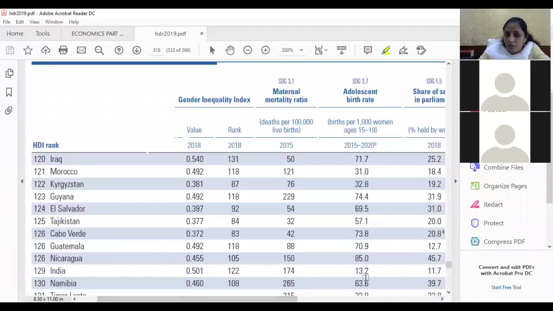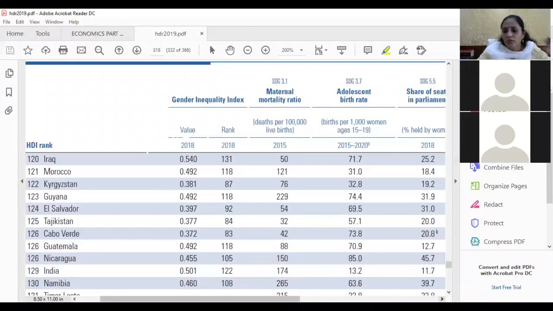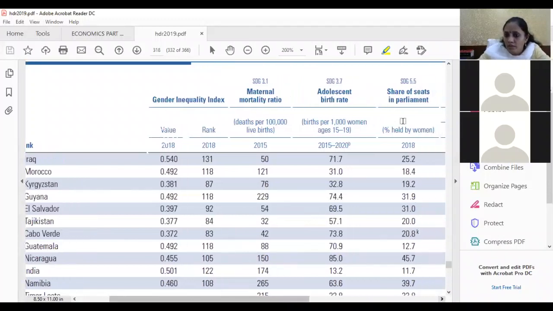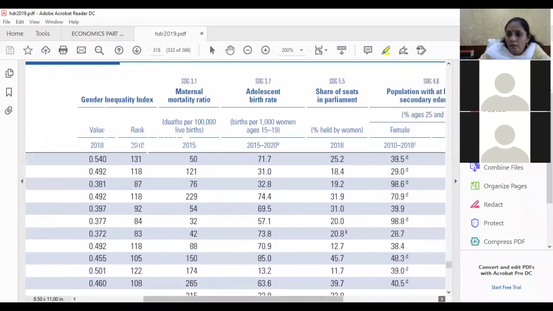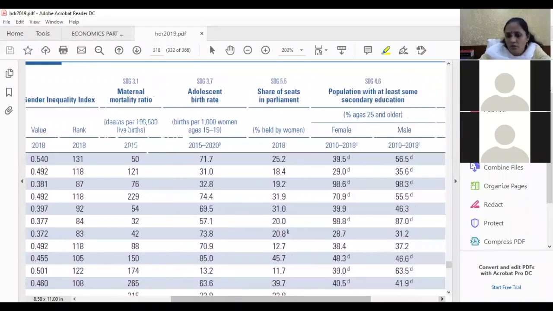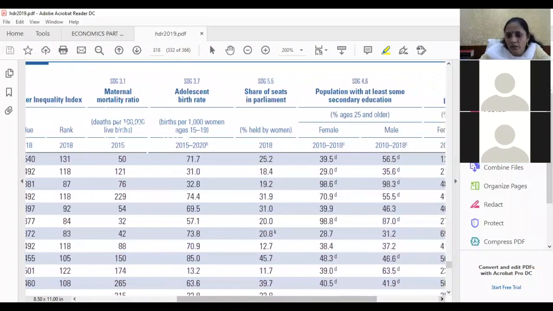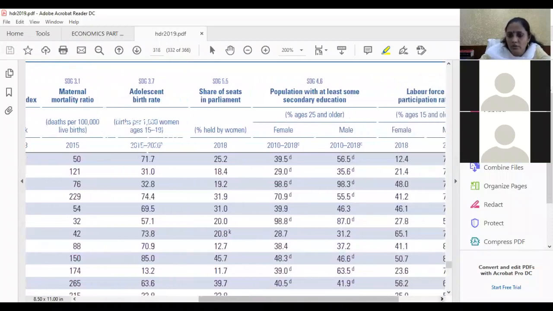Our adolescent birth rate is actually lesser, which is good, thanks to all the rules, regulations and legislations we have brought in. And the share of seats in parliament, you can see it is only 11.7% in India. And population with secondary education, both men and women are almost equal, like 48% or 46%.